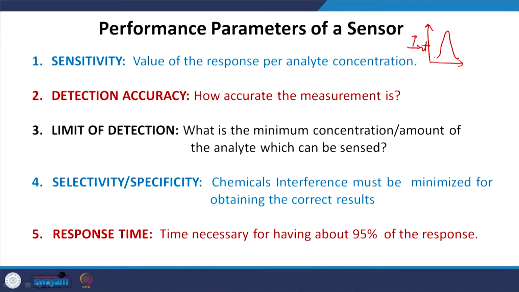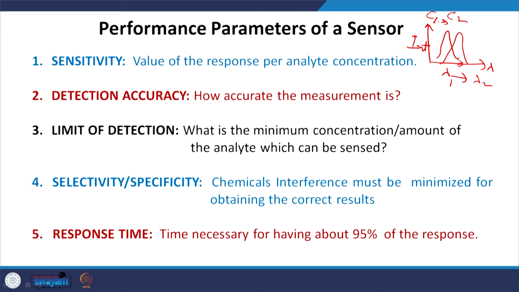To discuss all these things, let us consider a performance parameter. Let us say that I have a sensor which has intensity here and wavelength here. So, for concentration C1 I get this lambda 1, for concentration C2 this shifts to lambda 2. If I change from C1 to C2, it goes from lambda 1 to lambda 2.